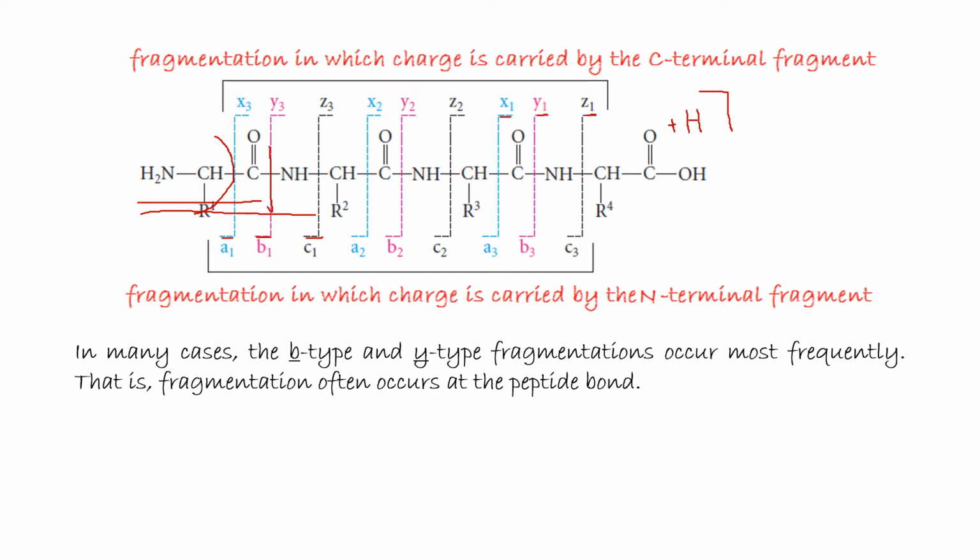The charged species in X, Y, Z: for X, we will see this part charged, M/Z from this one. Y, we will see that part. Z, we will see that part. In many cases, B-type and Y-type fragmentation occur most frequently. That is fragmentation from the peptide or amide bond.